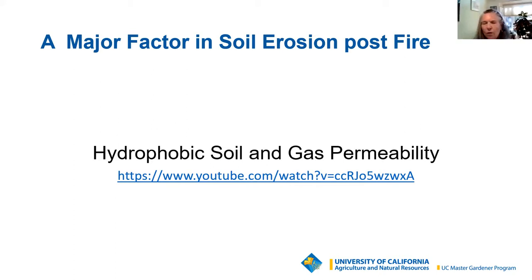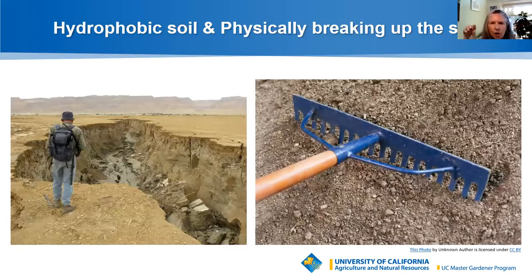I will highlight a point on slopes about hydrophobic soil when we get to the slopes issue. I just want to make sure that I've covered all the areas. The larger the size of the soil matter, whether it's sand or silt, the more there is for the gas to penetrate.